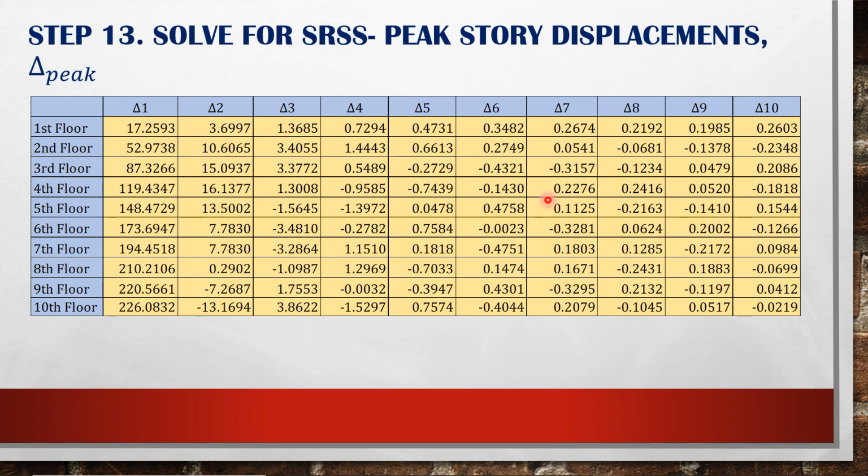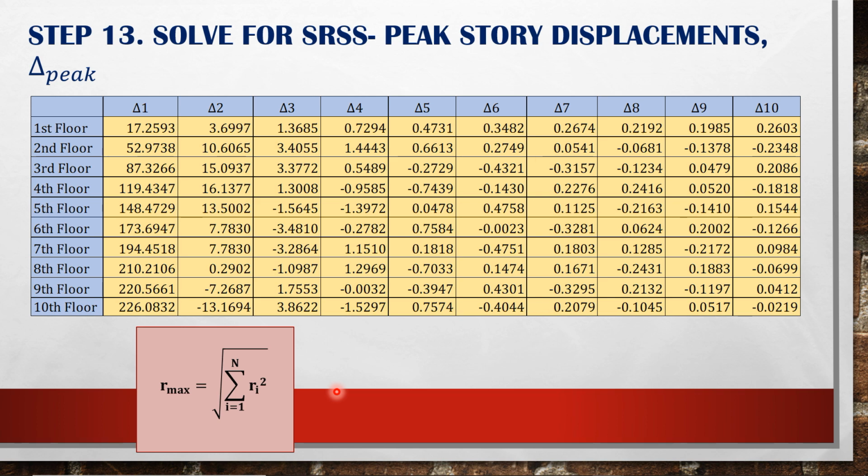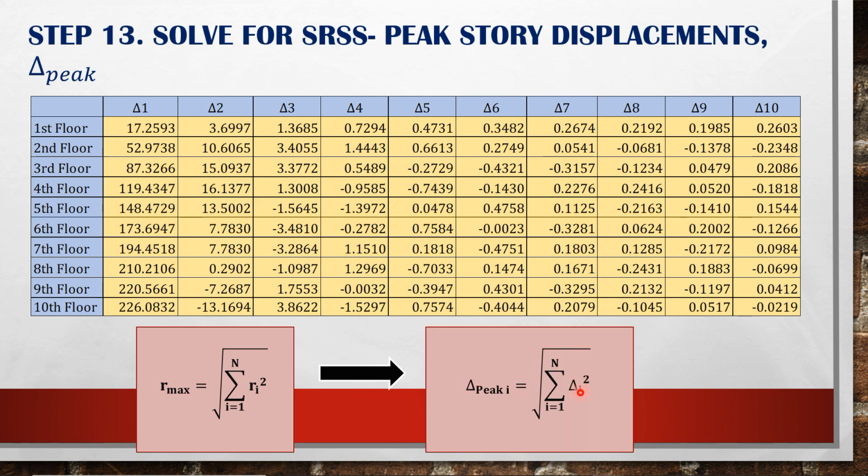SRSS pa rin yung gamit natin na formula. So, ito na. Delta peak i is equal to the square root of summation of all the displacement in each floor, no? Then, squared natin yun. Then, square root natin. So, paano yung ginagawa?